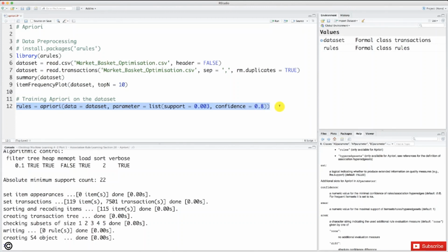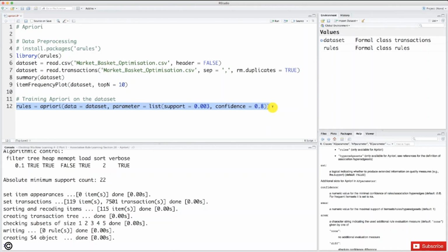And what does that mean? That means that each rule should be correct on at least 80% of the transactions. So 80% is a lot. That means that the rule must be true at least 4 times out of 5. And that's why the Apriori found 0 rules with a minimum confidence of 0.8, because no rule is true in at least 4 transactions out of 5.